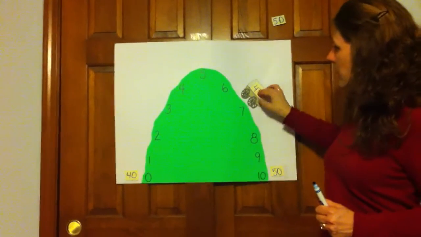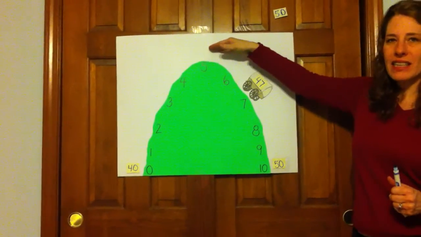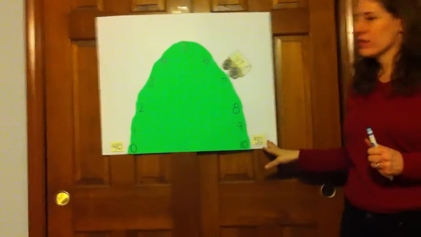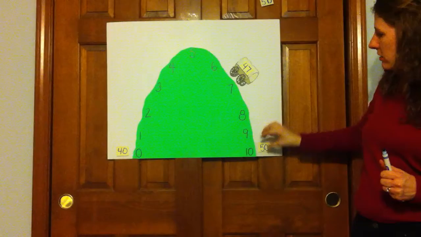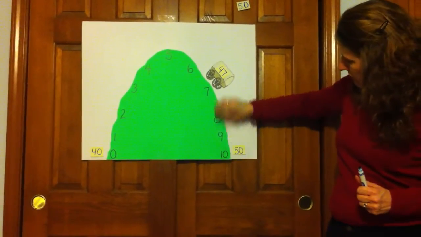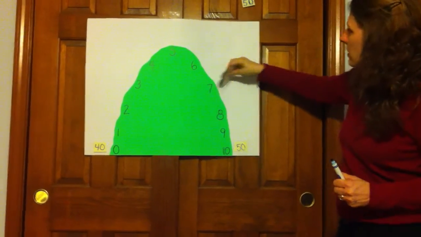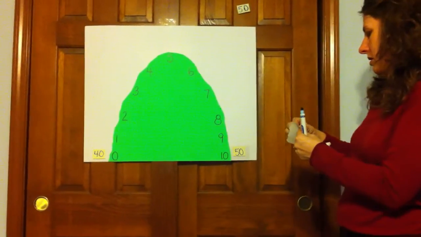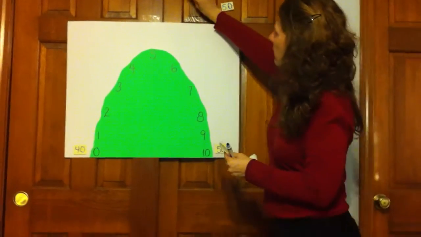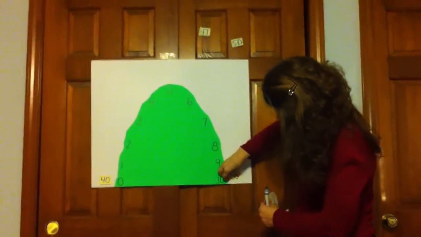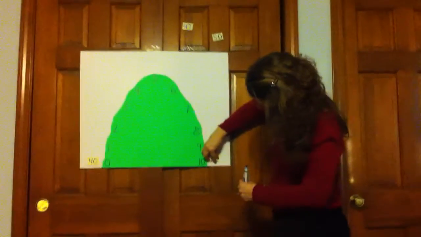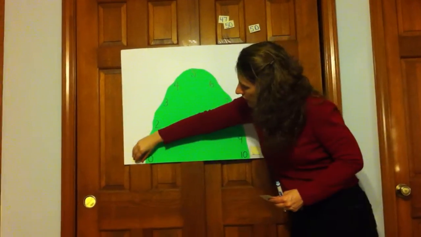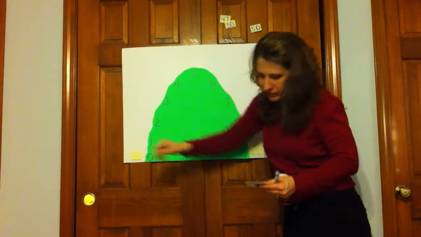Okay. So did it make it past the top? Yep. It did. So it's going to roll on down to this side, which is 50. So 47 rounds up to 50.